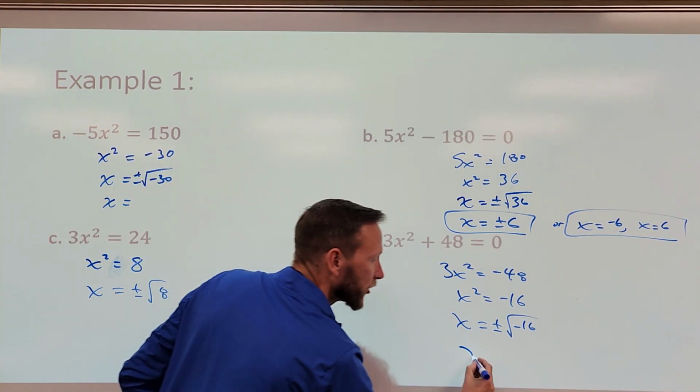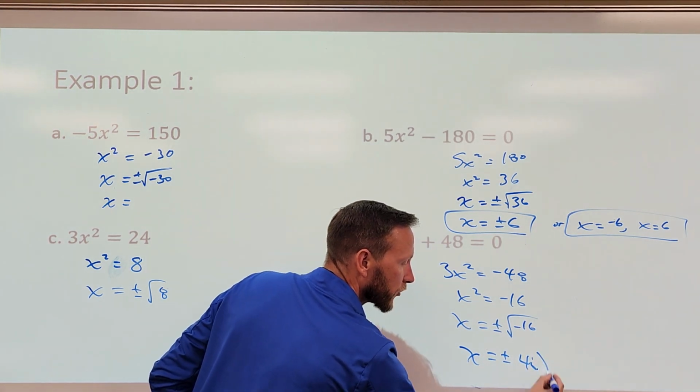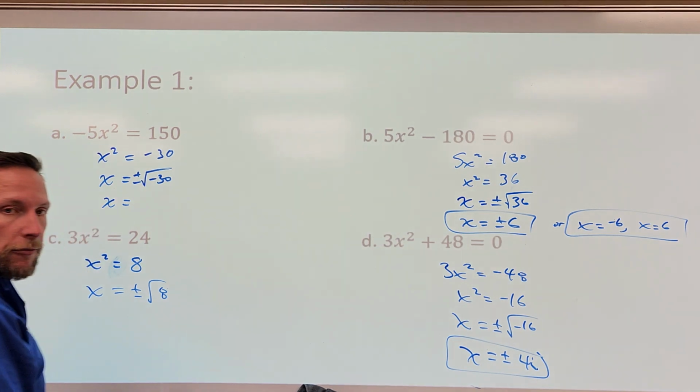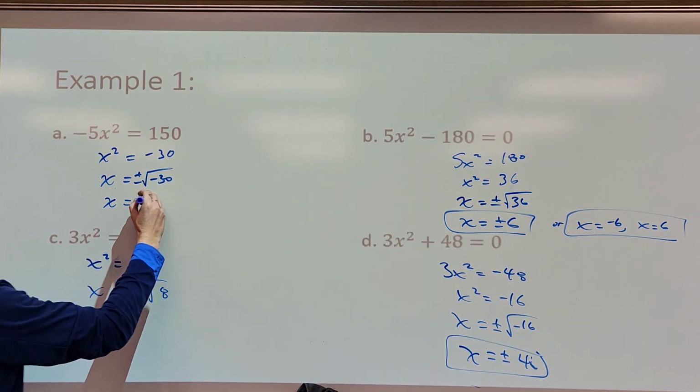Now when it's something basic like this, we know that the square root of negative 16 is 4i, so I get positive 4i and negative 4i. We'll talk about how that solution works probably another time because I don't want this video to be too long.